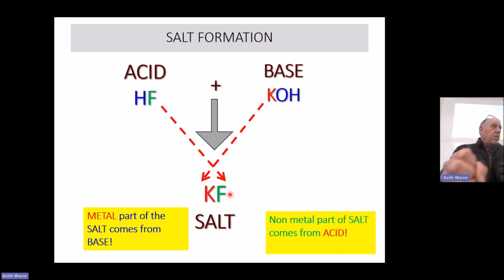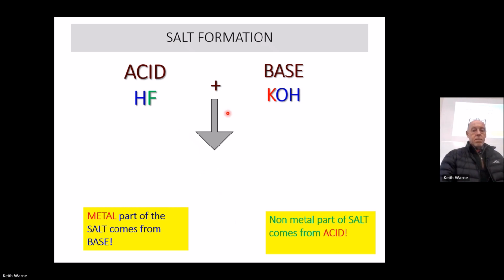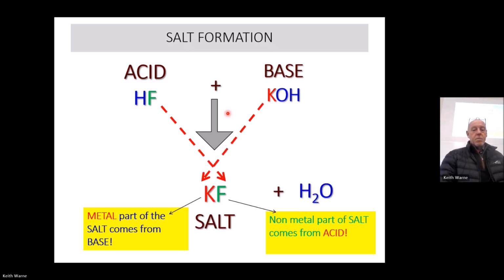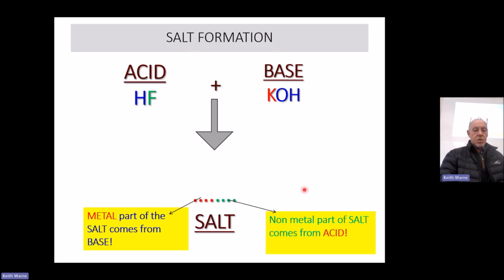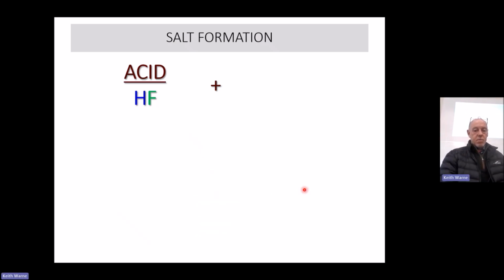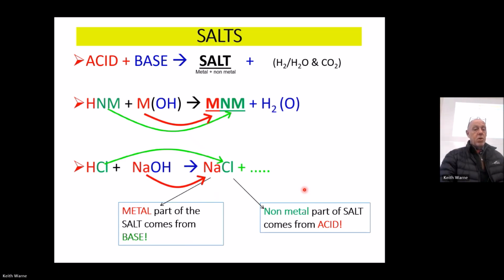When you add an acid and a base, this is what happens. That plus is usually plus water or something. It usually makes water as well. There's other things, so you've got that one and this one.